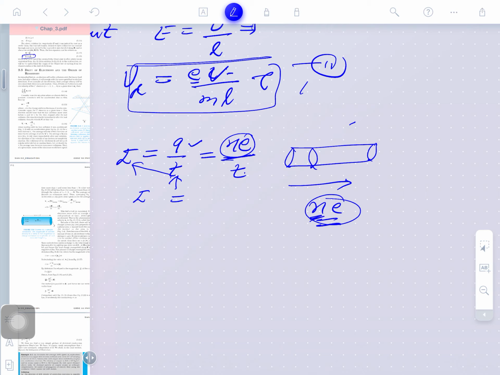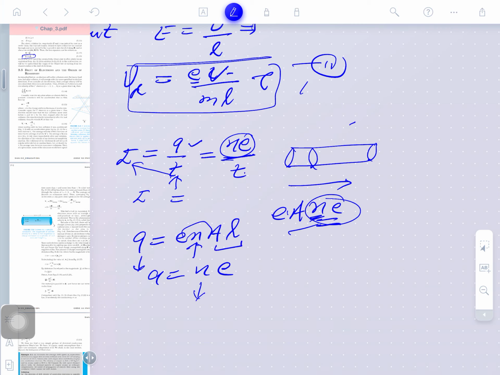So the total charge passing over here is e n A l. e n A l means what? Total charge is there. Q is equal to n A l e. What is e? And the number of total electrons here, this is called density, is the total electron volume.